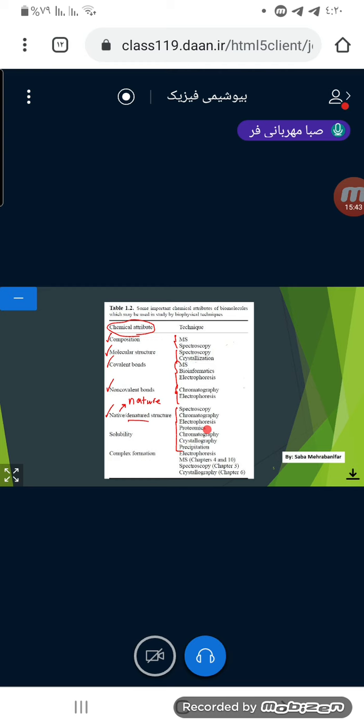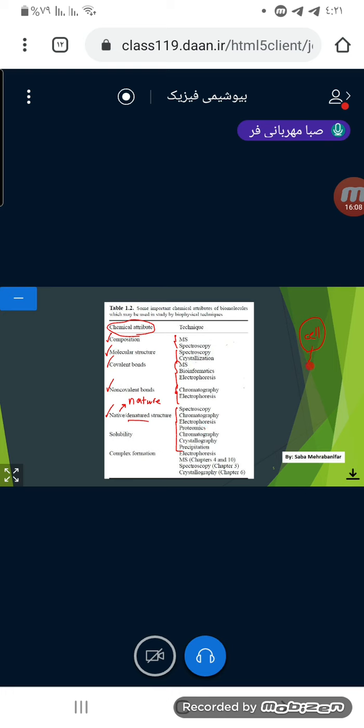And what does it say? Proteomics, for example, imagine we have a cell. This is one cell. We want to know what kinds of protein are present in this cell. When we want to know that, we can use proteomics.